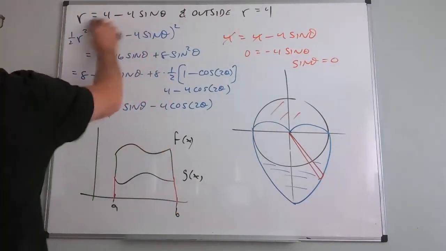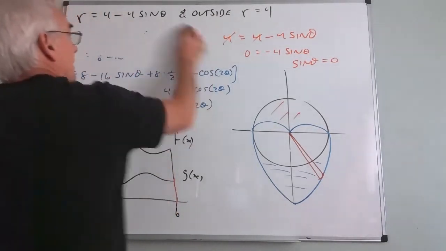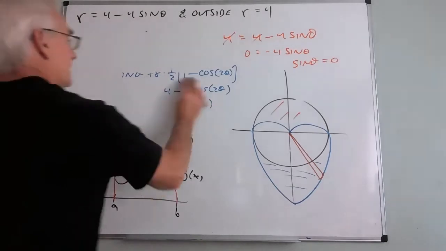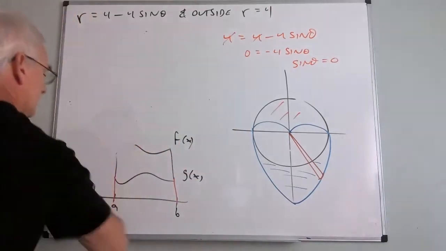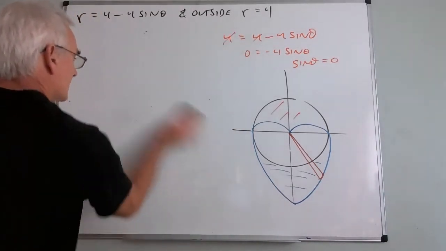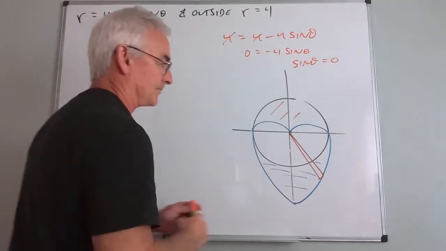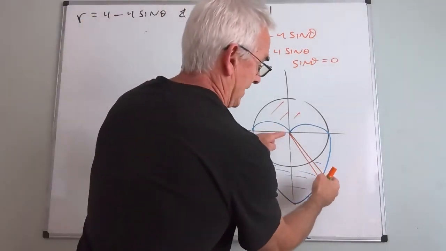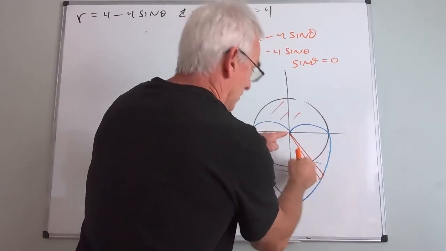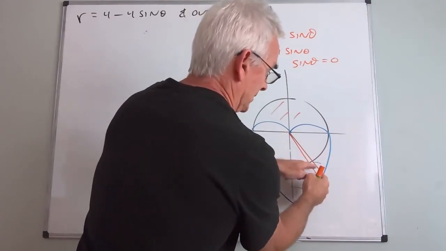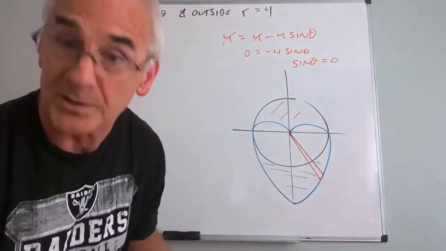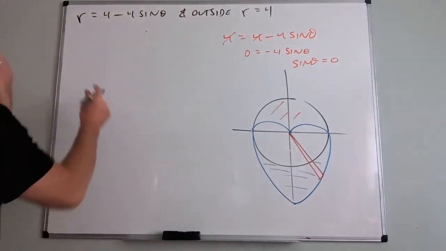Okay, so let's do that. Again, big sector, so it's 1/2 this guy squared minus little sector. That gives me the stuff in between. That's always what you're going to do when you're trying to find between.